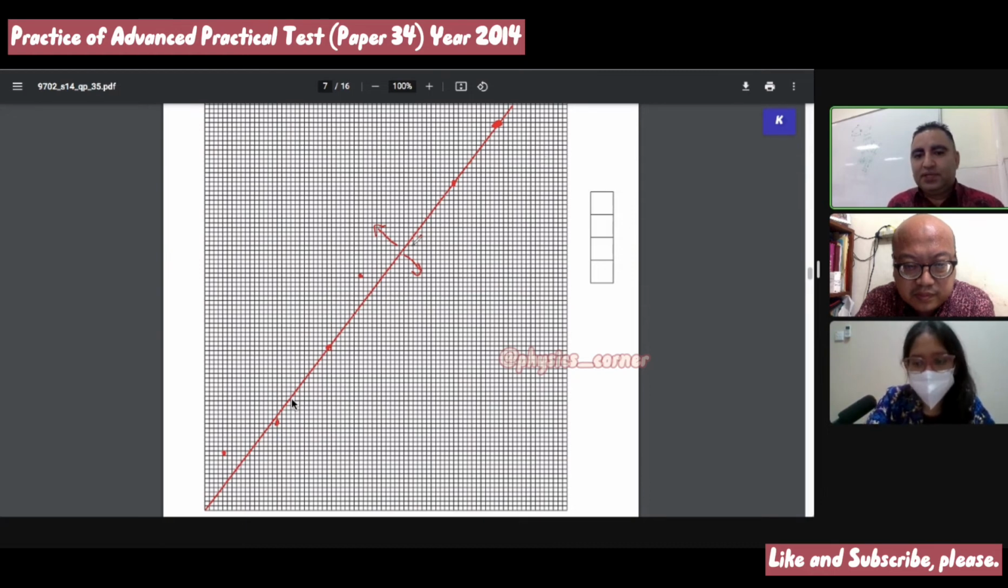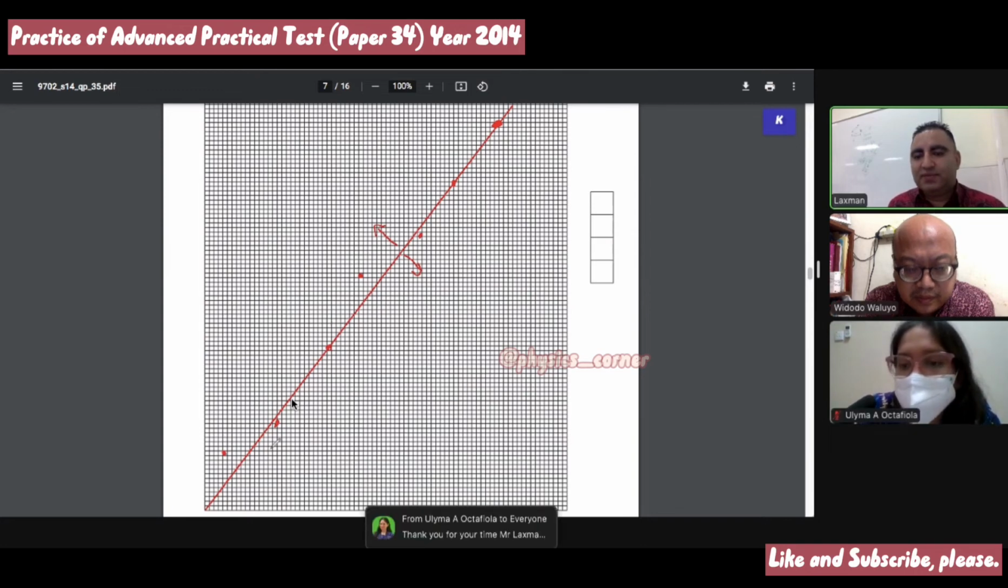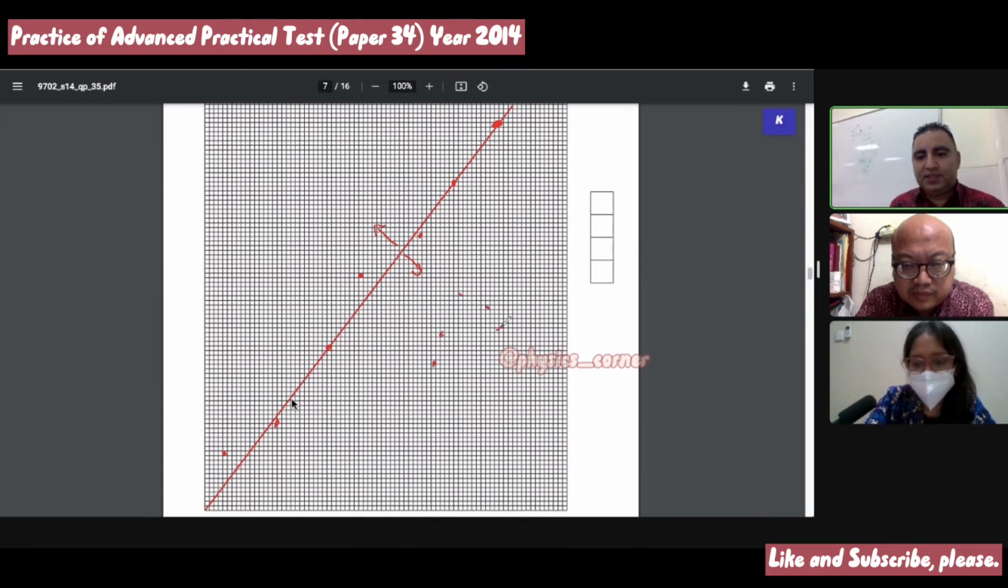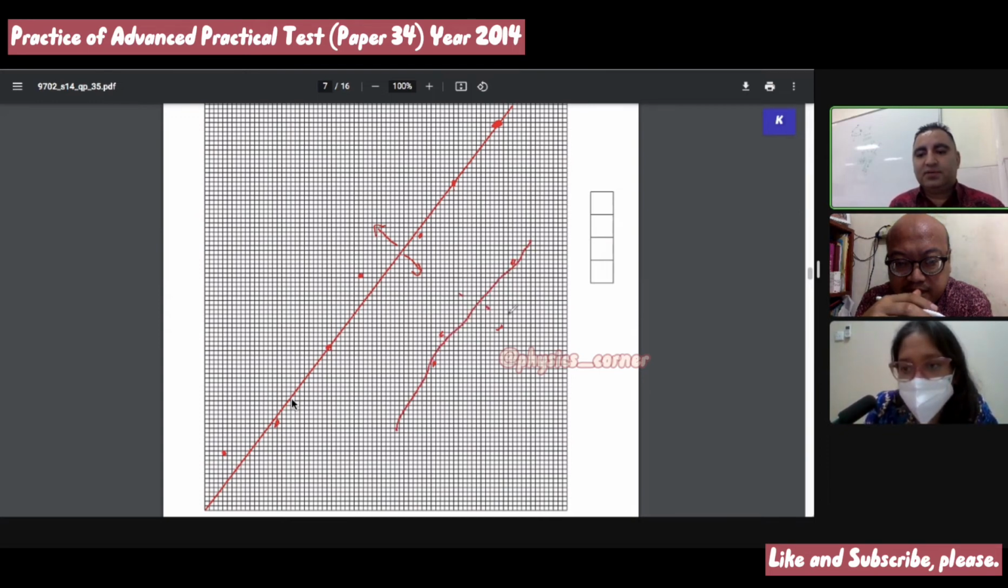In this case, below the line there are 2 points, and above the line there are 2 points, so this is balanced already. So this is the line of best fit, and there are some points lying on the line also. This is better. Sometimes we may get points very near each other like this. In that case, we may draw a line of best fit like this, so that these points are not lying on the line.